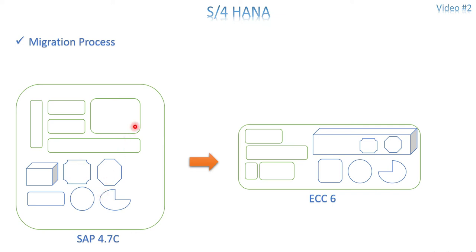So here in migration, if you take the object level or transaction level, these might change. They may have used 5 transactions, now they have 4 in the new system, and they have a different UI. They may increase the screens, they may decrease or delete some tables or some screen level functionalities.